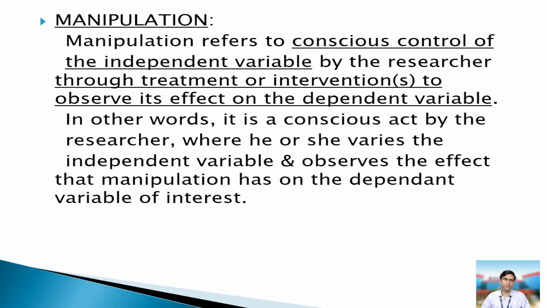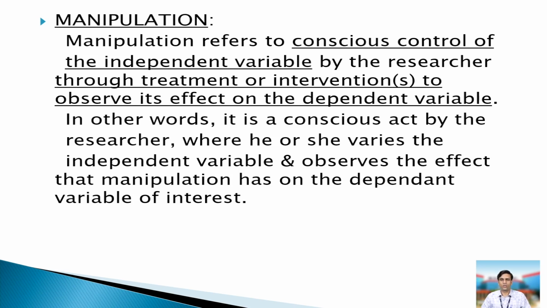Let's say, if any component or any element has an effect on our health, the researcher has the capacity to manipulate the independent variable just to see its effect on the dependent variable.